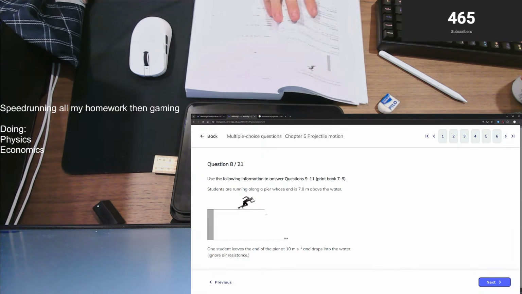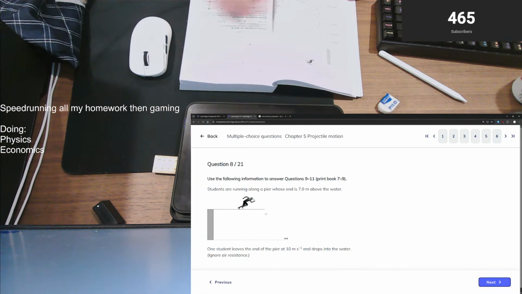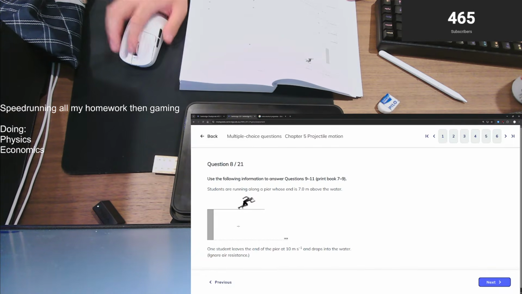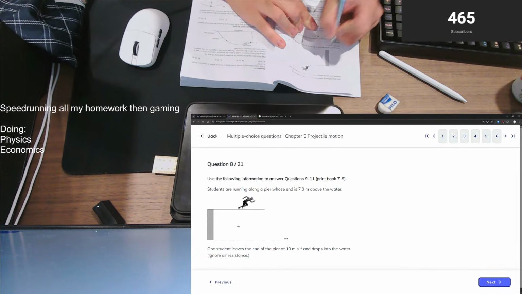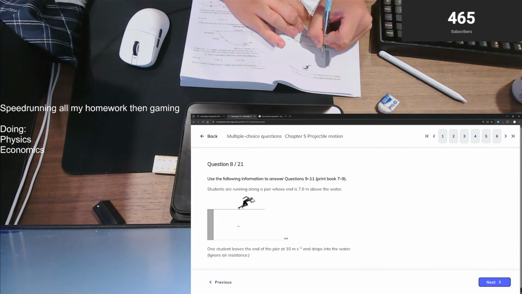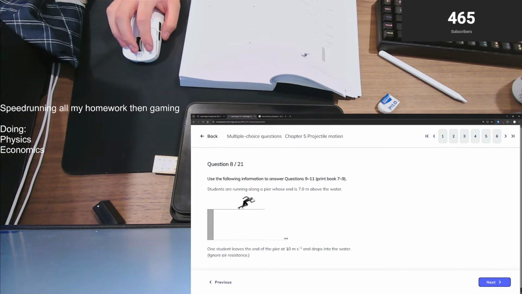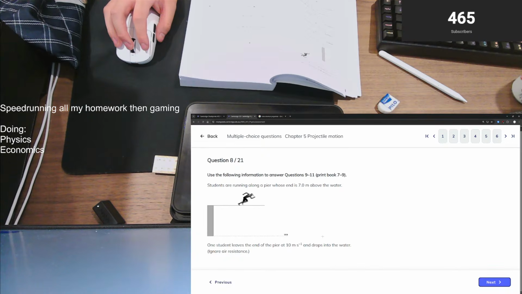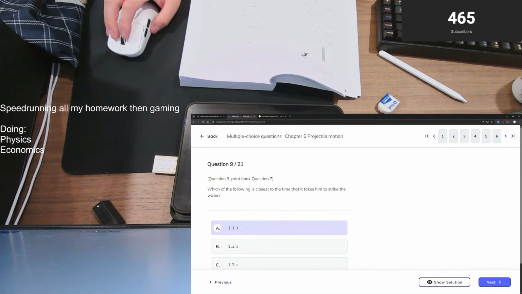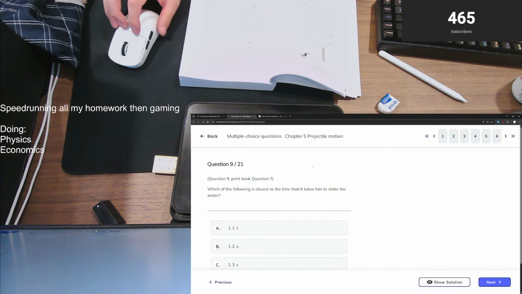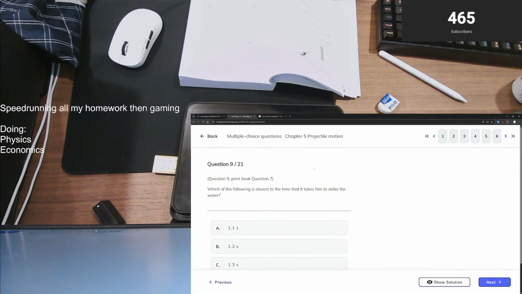Students are running along a pier whose end is 7 meters above the water. One student leaves the end of the pier at 10 meters a second, drops into the water. Which of the following is closest to the time that it takes for him to strike the water?